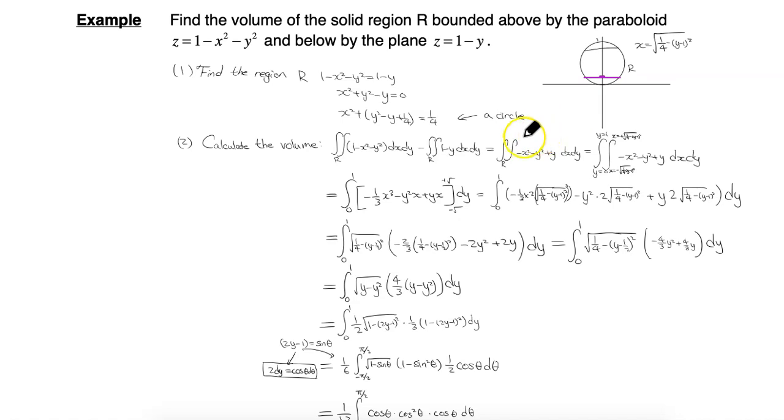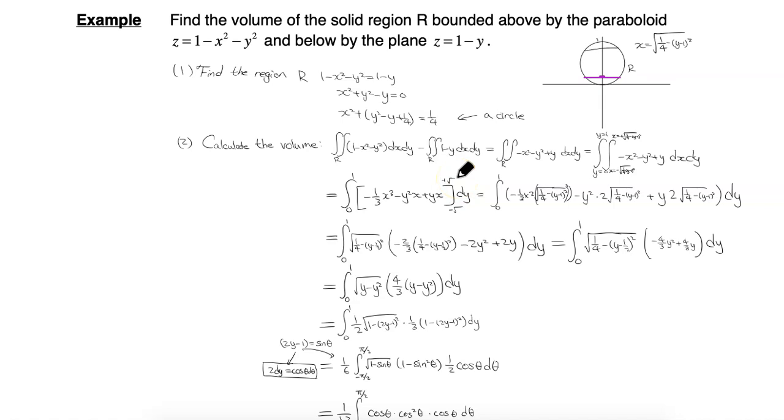Once we have set up the two integrals separately, we can put them together by just using property number 2 from above, and we get a double integral of negative x squared minus y squared plus y, and here we replace R with the specific limits y equals 0, y equals 1, and so on. And then we have to integrate. Integrating this in terms of x is not very hard. You get that, and then we need to substitute the minus square root and plus square root.